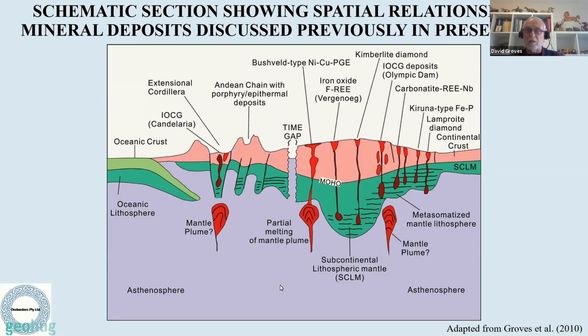And then on the edges, as we progressively get away towards the margin, iron oxide, copper, gold deposits, carbonatite, rare earth, Corona-type iron, phosphorus seems to be a very common element, lamproite, diamond, and so on. So we're seeing a whole range of deposits sitting on those Craton margins because of the metasomatized mantle lithosphere.